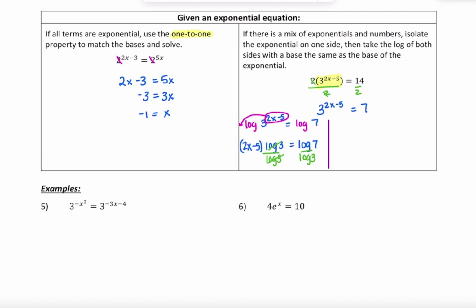And that one is, instead of just taking a common log all the time, you can take the log with a base that matches the base of your exponential part. And so the exponential part is right here, 3 to the 2x minus 5. So instead of taking the log base 10, we could take the log base 3 of both sides. I'm going to show you what happens.